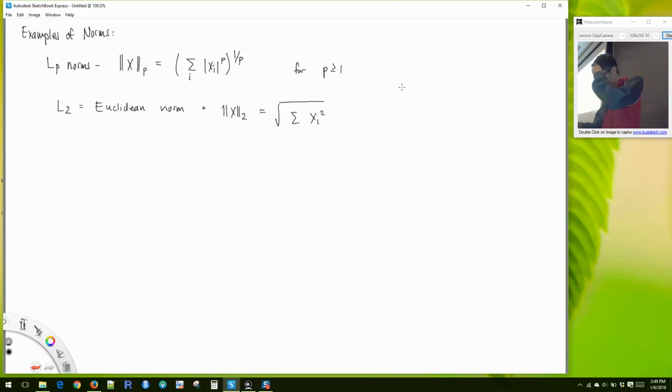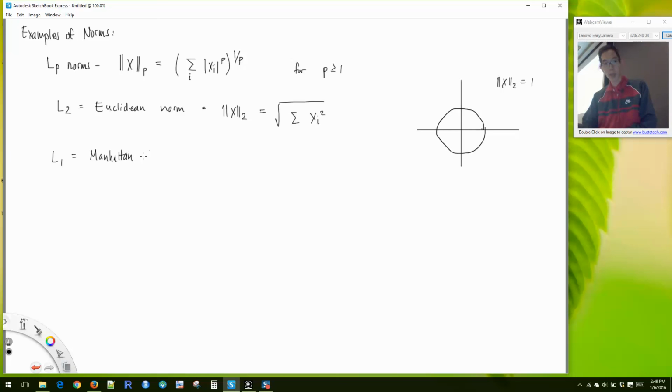And so if you want to say, what is the set of vectors where the Euclidean norm is 1, you'd get the unit circle, right? So this would be all the vectors where the Euclidean norm is equal to 1.